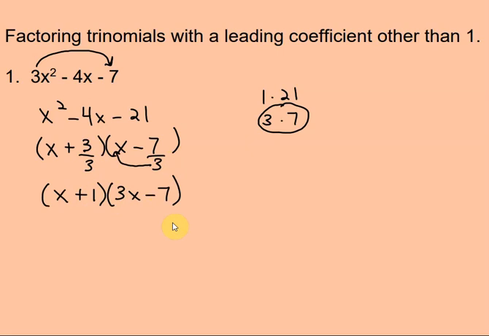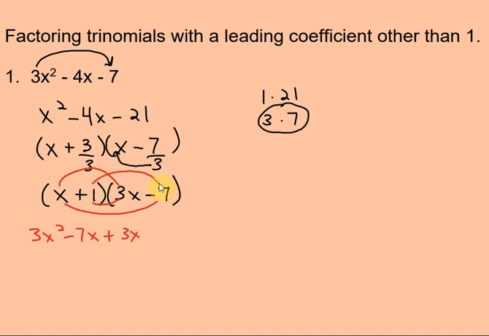We can check it by multiplying it back together, and that's what I'm going to do. If I multiply x times 3x, that gives me 3x squared. My outer 2 would give me a negative 7x. My inner 2, that's plus 3x.